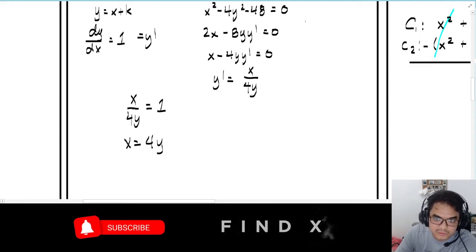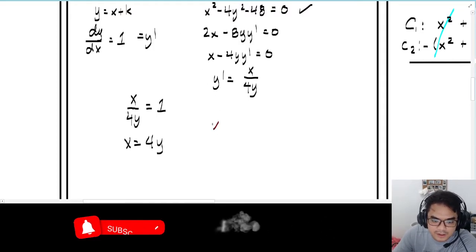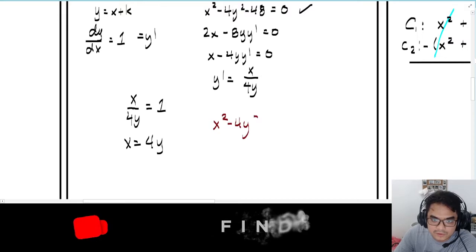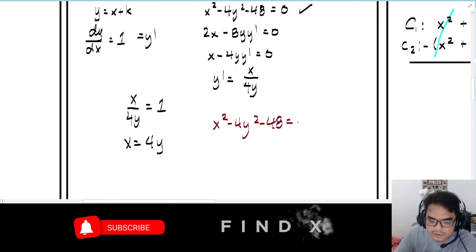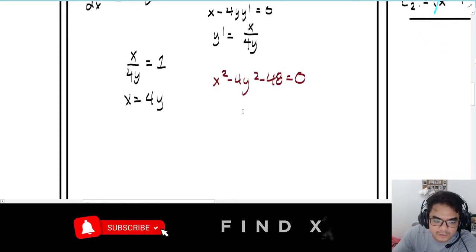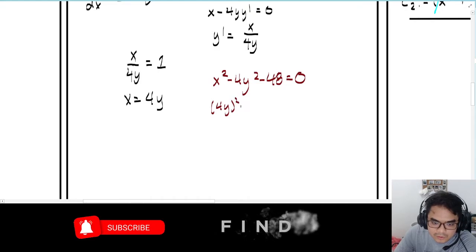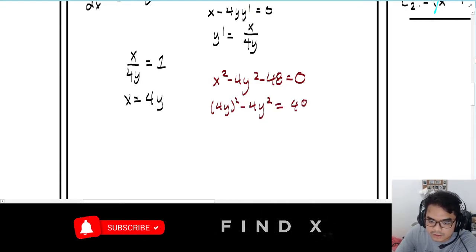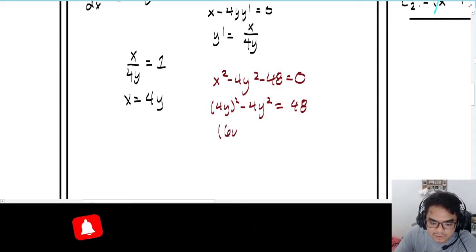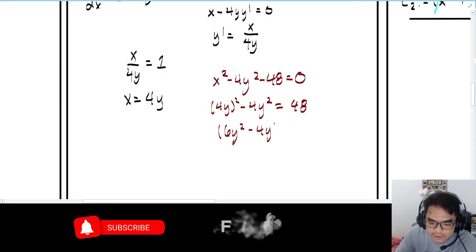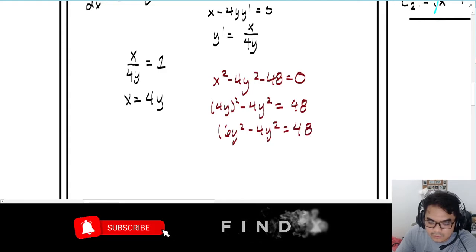We can substitute this into x squared minus 4y squared minus 48 equal to 0, replacing x by 4y. So this is 4y squared minus 4y squared equal to 48, which is 16y squared minus 4y squared equal to 48.